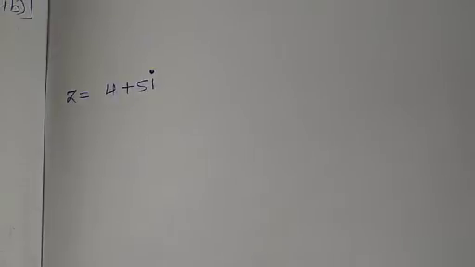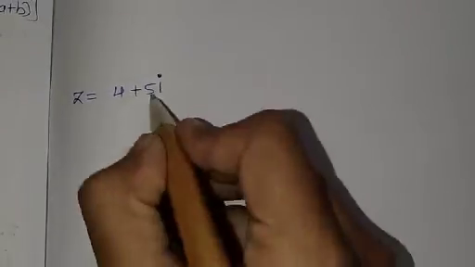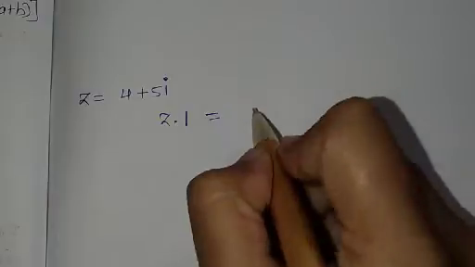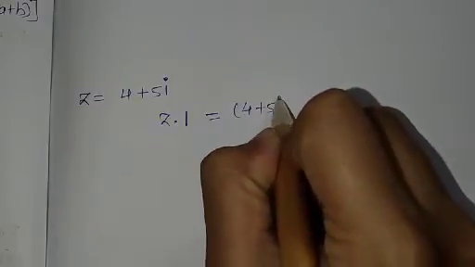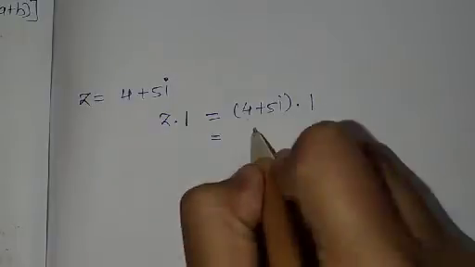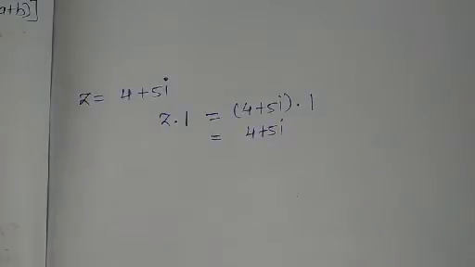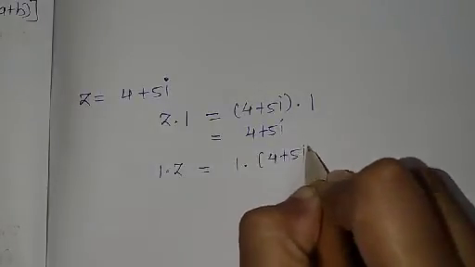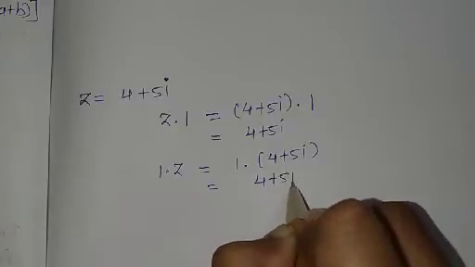Now we will prove one property, that is z dot 1 is equal to 1 dot z, which is nothing but z. So here consider the complex number z is equal to 4 plus 5i. We have the property z into 1, which is equal to 4 plus 5i into 1, that will be equal to 4 plus 5i, and 1 into z, also 1 into 4 plus 5i, is again 4 plus 5i.